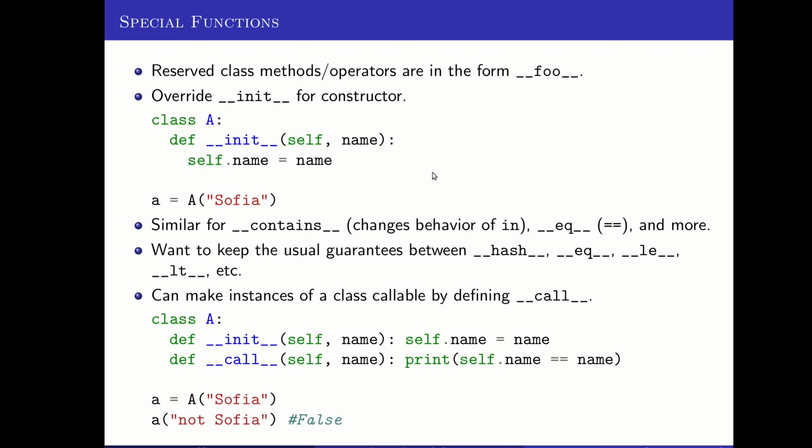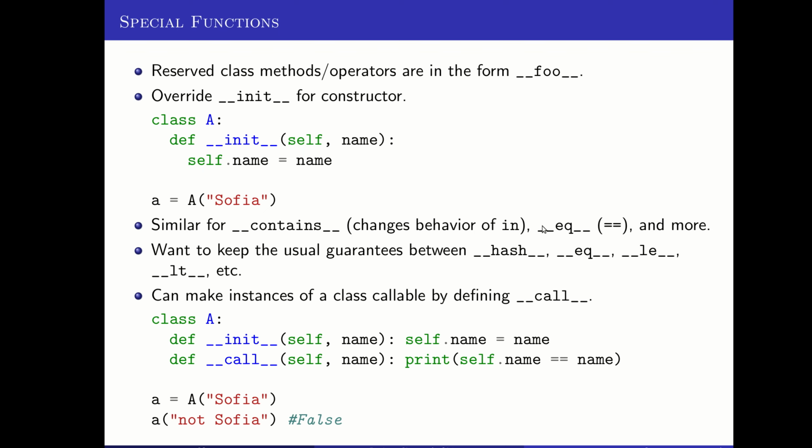There are many others of these, and you will define some of these for one or more of your projects potentially. There's contains, which allows us to use the keyword in. We can do tests like if the number 3 is in a list, we can say 3 in L, if L is the name of a list. That is calling the special underscore contains function that's defined for lists, and we can define our own contains.